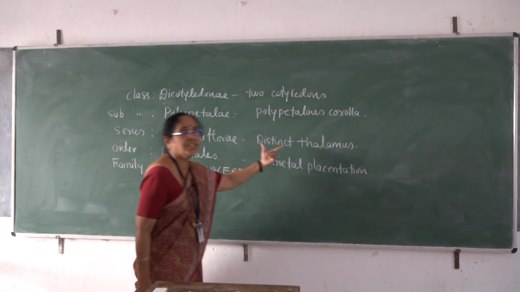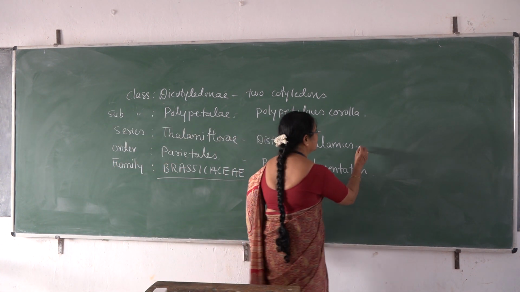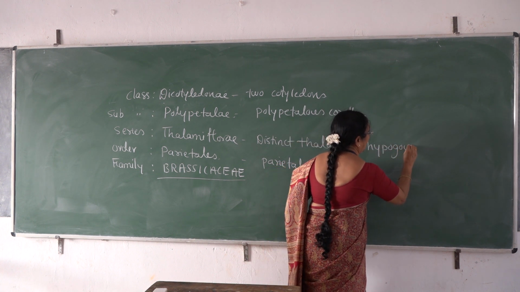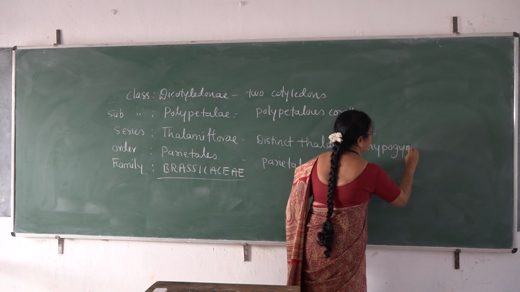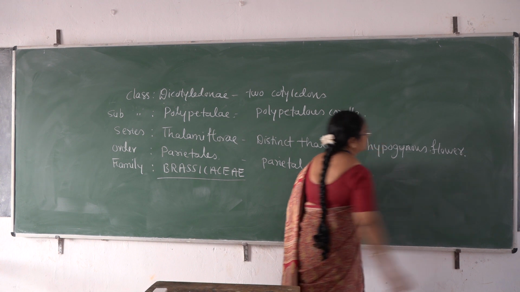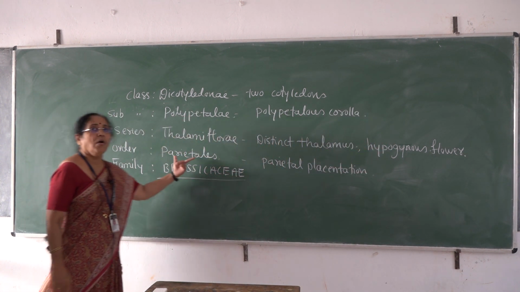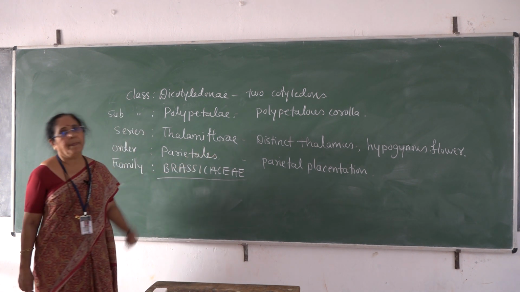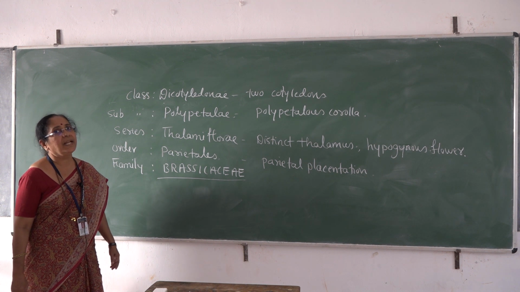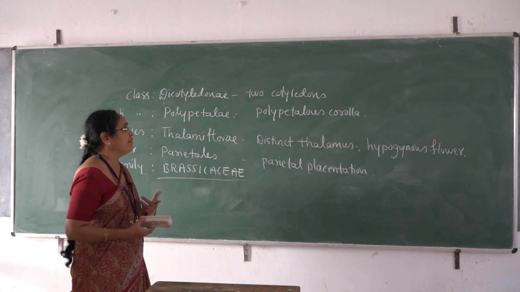Thalamiflorae, thalamus is very distinct, and in addition to this, you can also write another character, that is the flowers are hypogynous. The thalamus is very distinct and the flowers are always described as hypogynous in nature. Order is called Parietales because the placentation in the ovary is parietal, and the family is called Brassicaceae.